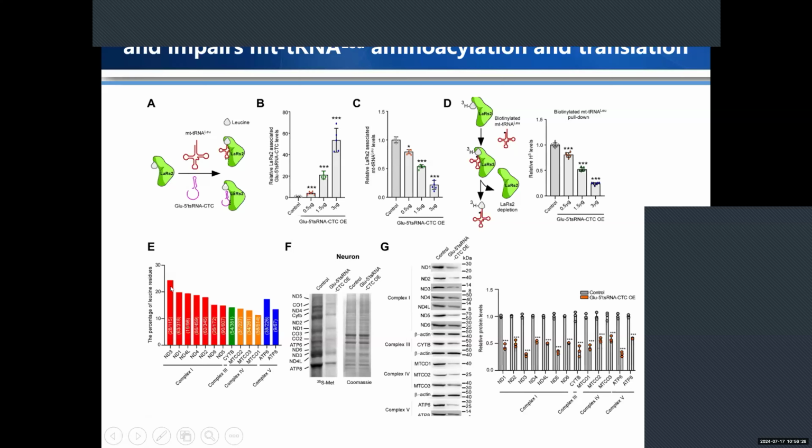It contains about 25% leucine residues. That means if you disrupt leucine aminoacylation, then it affects mitochondrial translation. Also, we used a Western blot to analyze all 13 different mitochondrial proteins. We found they all decreased after this particular tRNA fragment accumulation.